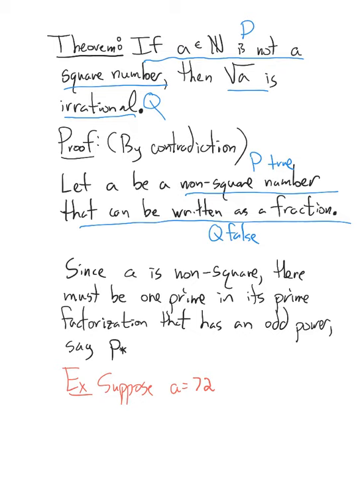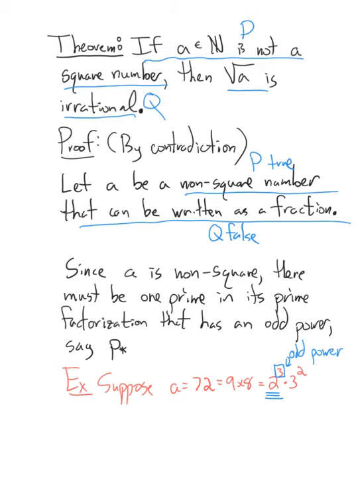So 72 is 9 times 8, which is 2 cubed times 3 squared. We know no number squared equals 72, and you can see that if you look at the prime factorization of 72. Here's our odd power. So the prime we're interested in is 2.